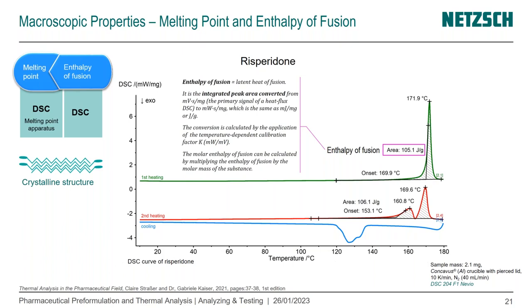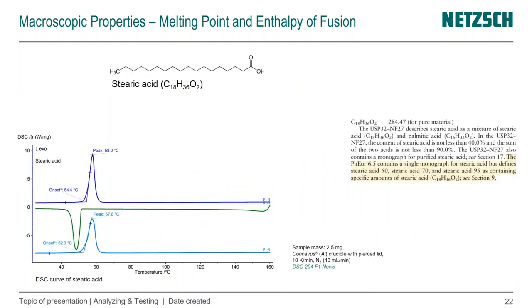Milliwatt seconds per milligram is the same as millijoule per milligram or joule per milligram. This conversion is calculated by the application of the temperature-dependent calibration factor K, as we said before that we have to calibrate the device. And the molar enthalpy of fusion can be calculated just by multiplying the enthalpy of fusion by the molar mass of the substance. So these are 2 important pieces of information.